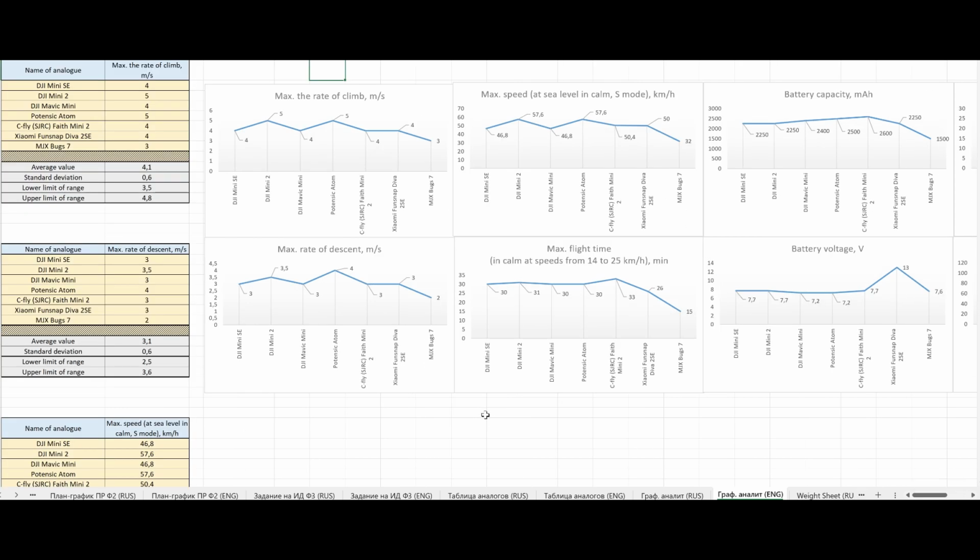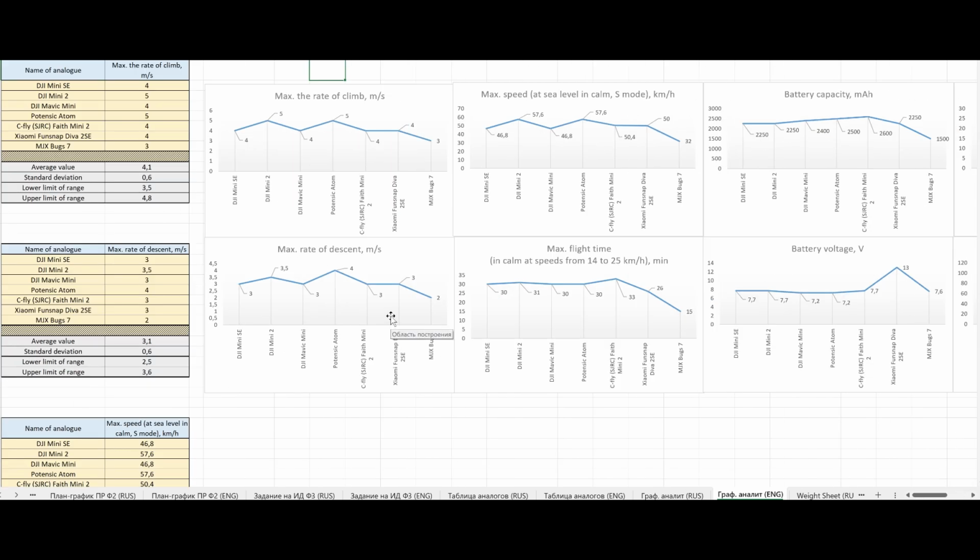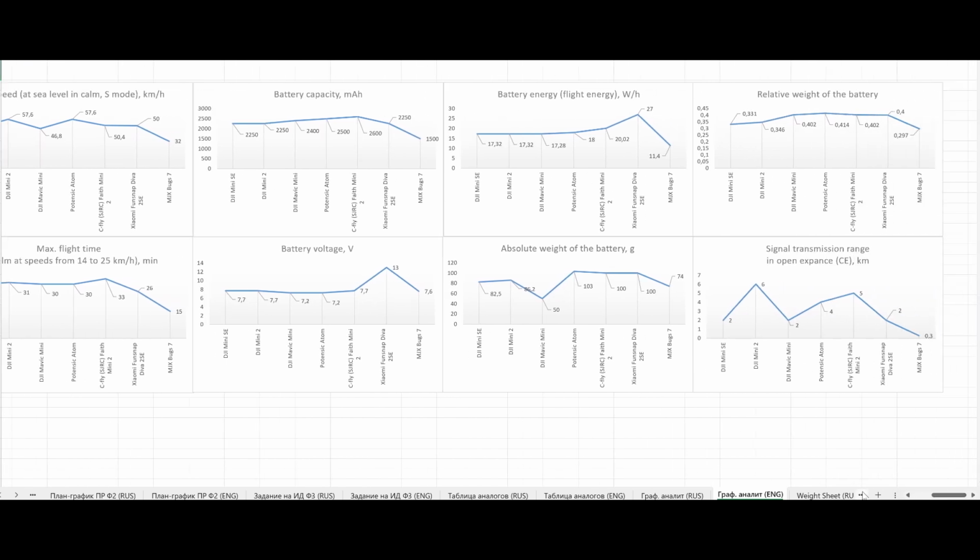It isn't limited to the mechanical parameters listed above, but also includes conditional non-mechanical parameters, such as characteristics of the communication system, navigation equipment, photo and video cameras, flight control system, etc. In the case of value analysis, the construction of graphical analytics for mechanical parameters gives us a certain trend that reflects the dependence of some parameters on others, for example, the dependence of flight range on battery mass, etc. Then the construction of graphical analytics for non-mechanical parameters gives us exclusively a description of the DJI marketing model, which obviously should and will be taken into account as a part of the design of the value analysis and value design engineering method.